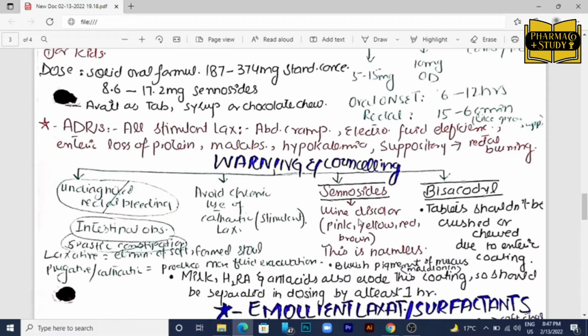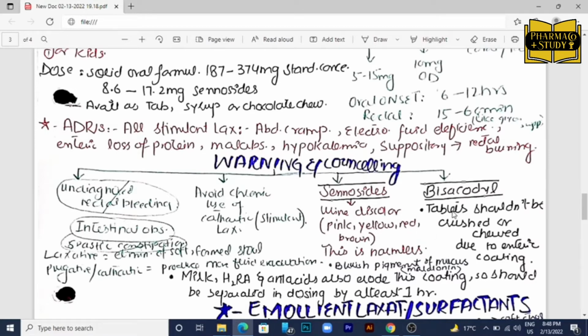The same is the case with the cyanosoids. The urine color changes to pink, yellow, red, or brown. However, this is harmless. The other is a bluish pigment. So there are two discoloration problems with these cyanosoids.